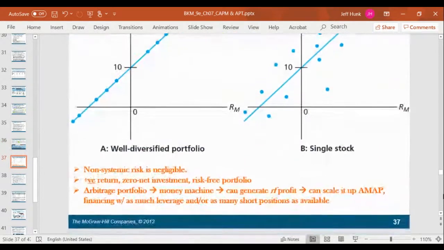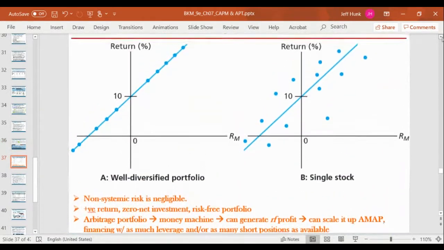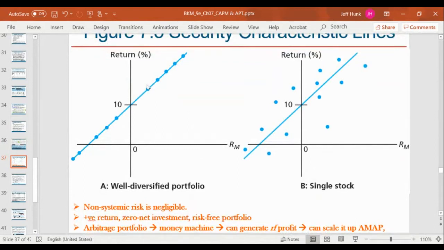So here we understand why a well-diversified portfolio is important, because you won't see these. These are the residuals, right?